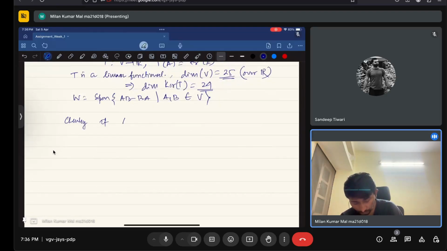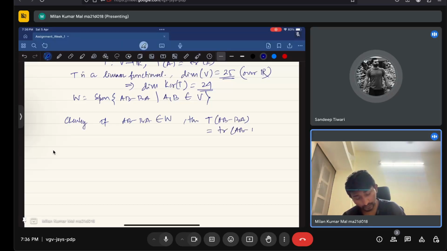So clearly, if AB minus BA is some element in W, then T of AB minus BA is the trace of AB minus BA, which equals 0, as it is known that trace of AB is equal to trace of BA, and we know that T is a linear function.